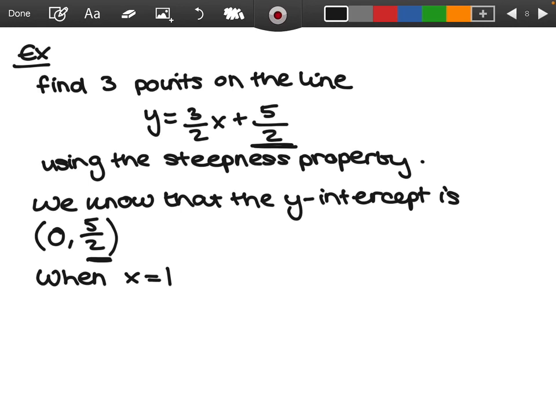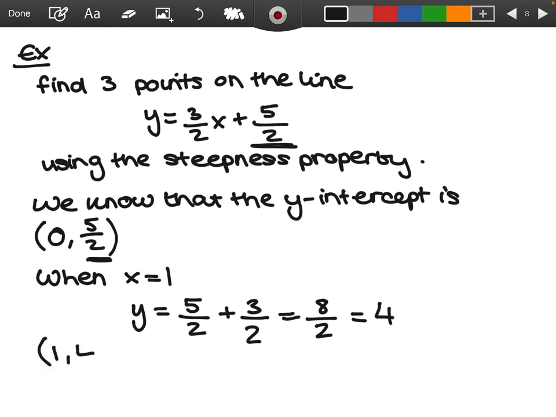So from the steepness property, I start at y being 5 over 2, and I've got to move up by m units. I've got to move up by 3 over 2. So y would be my starting value of 5 over 2 plus my value for m. Because m is positive, I move up by m units. If you add those together, they've got a common denominator, so we can add them easily. It's 8 over 2, and that is 4. So my next coordinate that I know is on the line is (1, 4).